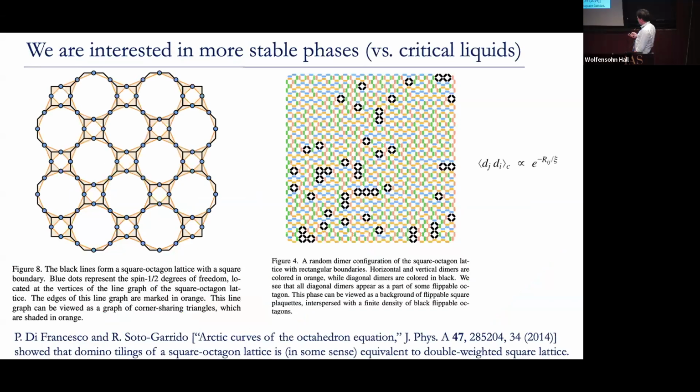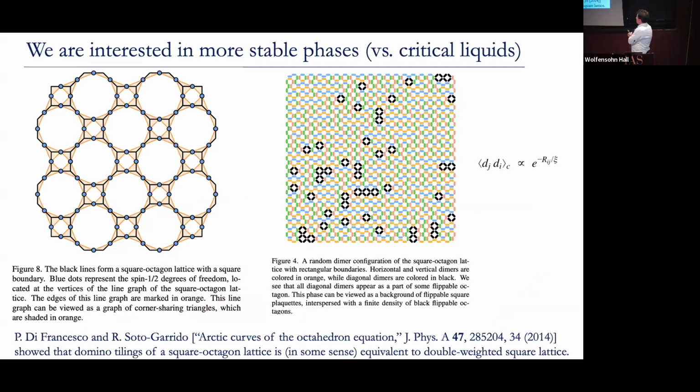But anyway, let me go to a more interesting case. What we wanted was an interesting phase where you have exponential decay of correlations. I personally wanted to get a quantum spin liquid, a Z2 spin liquid, embedded in these Aztec diamonds, et cetera.